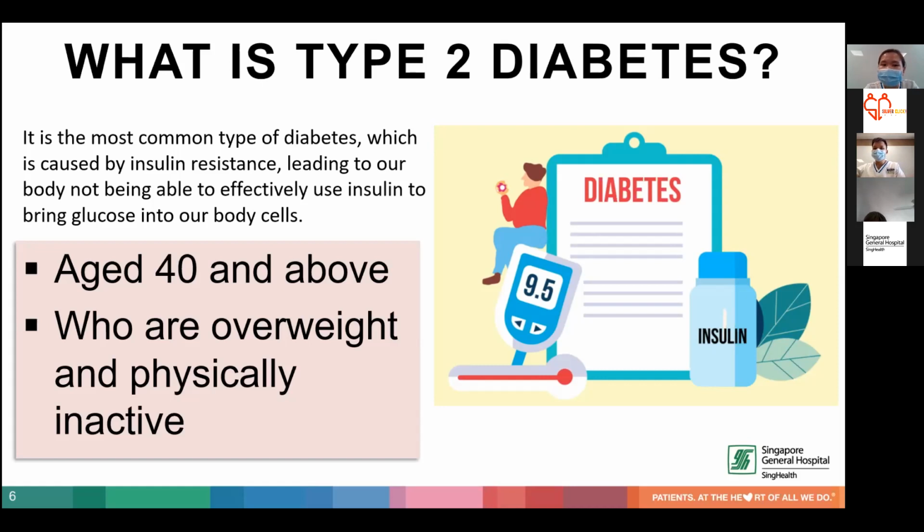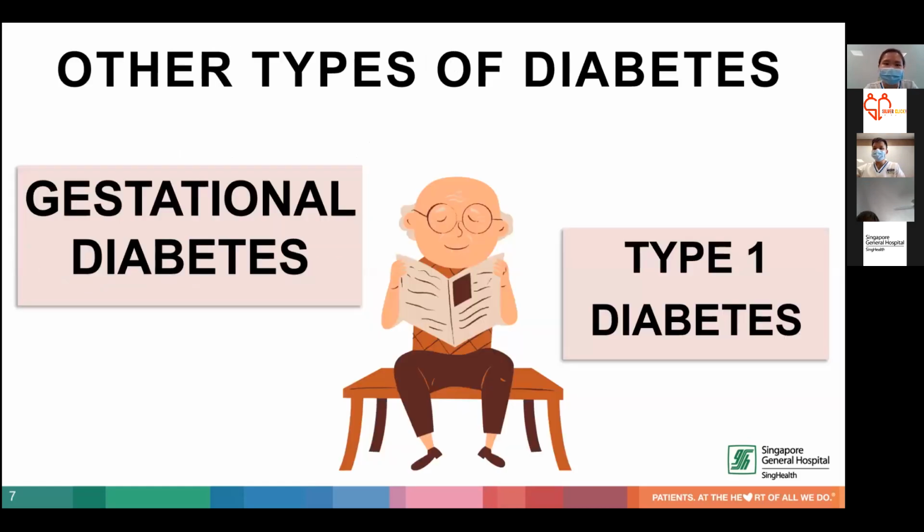We'll talk more about insulin resistance in our sharing later. Who is at risk of type 2 diabetes? If you are age 40 and above, or overweight, or physically inactive, you will have a higher risk of developing type 2 diabetes.